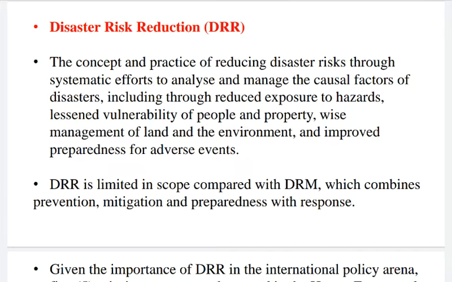Our aim should be to reduce the risk and the effect on people and the environment, and also to prepare the people to overcome these events. DRR, in short, disaster risk reduction, is limited in scope compared with disaster risk management, which combines prevention, mitigation, and preparedness with response.